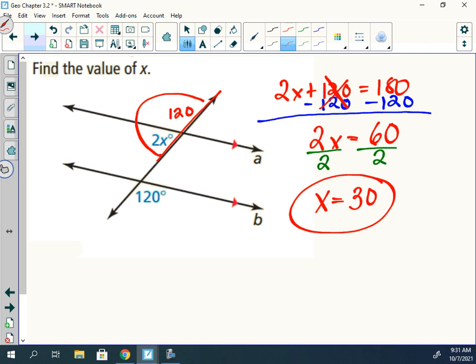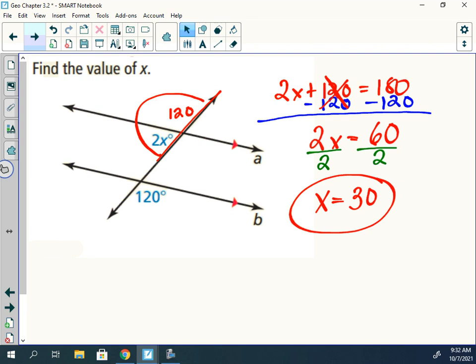So that's one thing, especially on the homework and probably on the test, to pay attention to: is it asking for x or is it asking for the angle? Just like in chapter 1, some of it was asking for x, some of it was asking for the length of the line. If it's asking for the length of the line or the measure of the angle, we have to plug it back in.